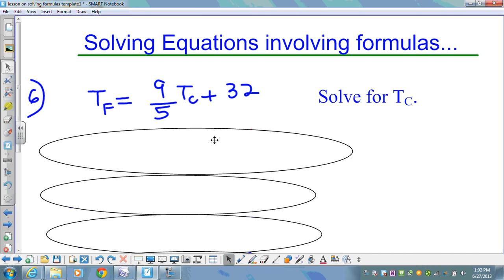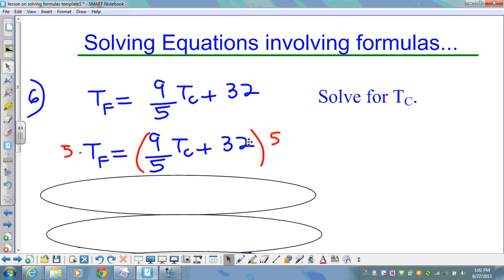If you decide to go with the first approach, that is multiplying both sides by 5, so you clear out all the denominators, all the fractions in your equation, you need to be careful. This side is multiplied by 5, but when you multiply this side by 5, because it's an addition, you have to multiply the entire quantity by 5. That means the 5 will have to be distributed to both of these quantities.